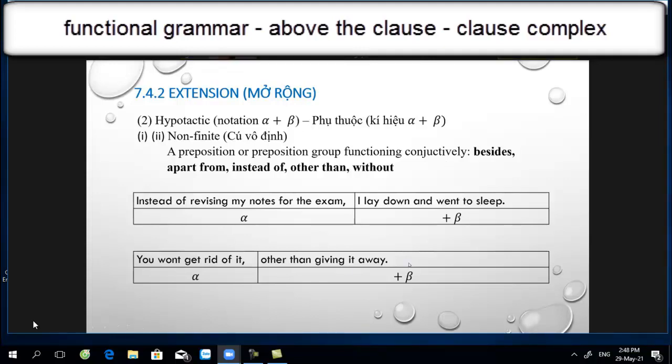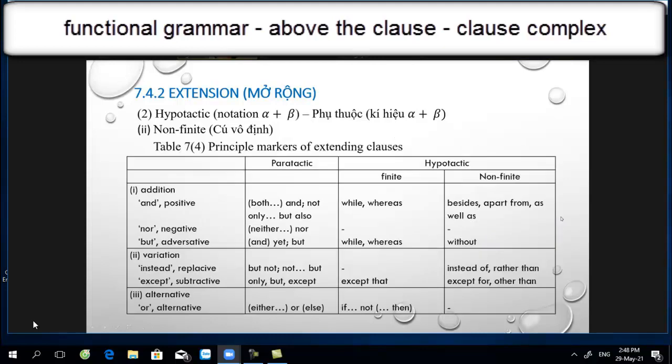The last one: you won't get rid of it other than giving it away. Okay, thank you. And now I have typed the table from our book to show the principal markers of extending clause here. It's easier to see. You just look at this table.